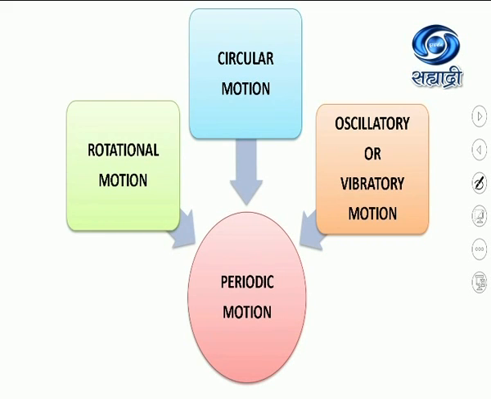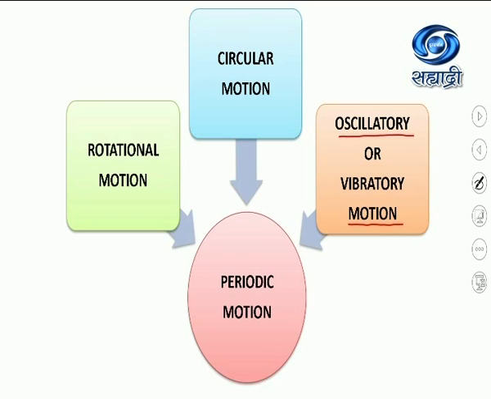Now, in oscillatory or vibratory motion, what we have learnt is that the motion takes place in a fixed interval of time, and that fixed interval of time is the periodic time. That means oscillatory motion is periodic motion.